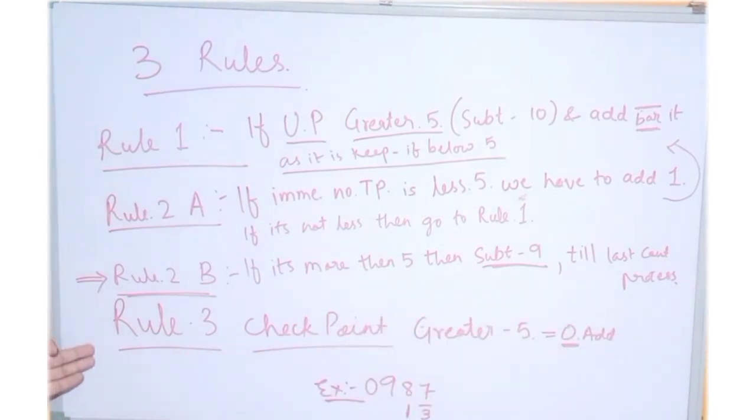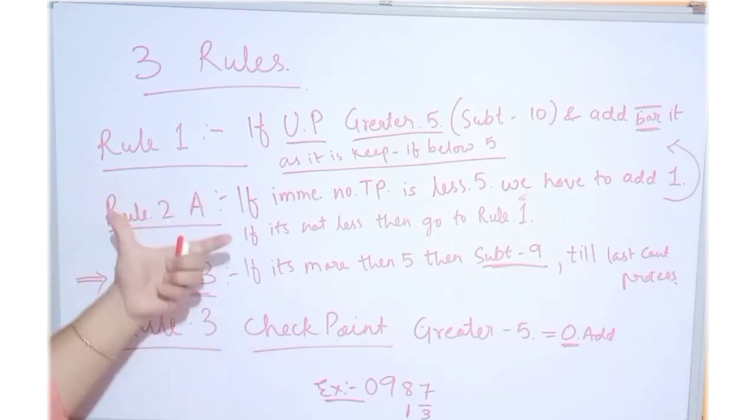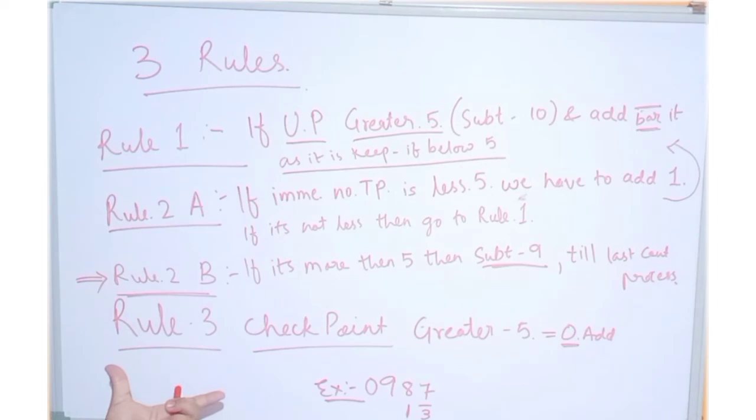Rule number 3 is not a rule actually, but a checkpoint wherein once we observe the digit, we have to see what the number says. If the first digit, whether it is in the hundreds place, tens place, or thousands place, is more than 5, we have to add 0 before it.